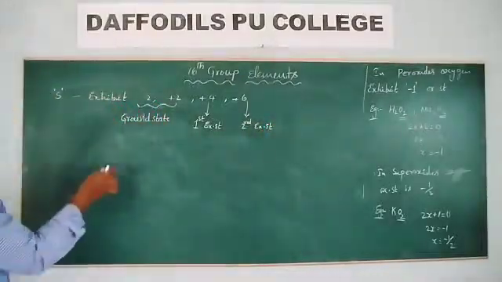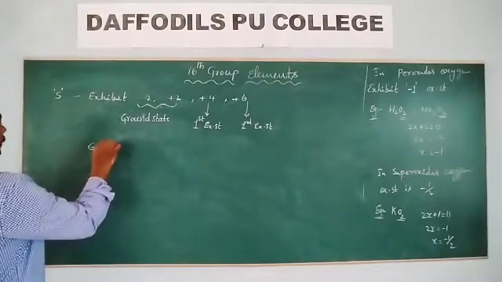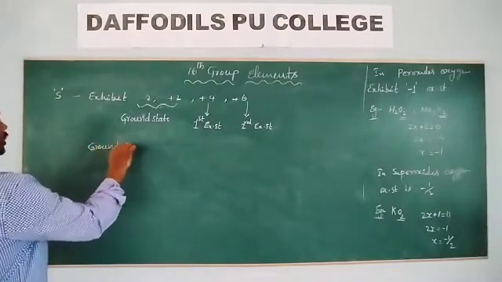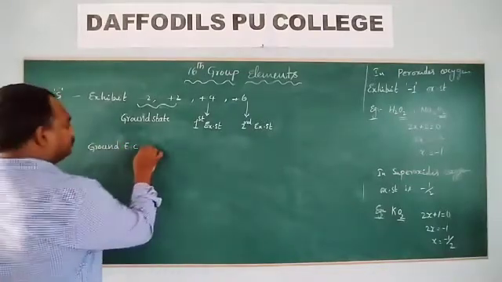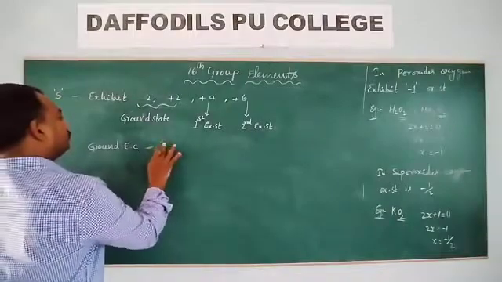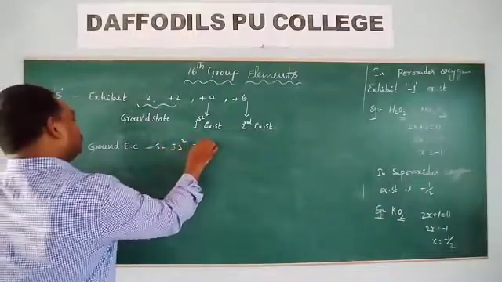Look at those things. Ground state electronic configuration of sulfur: 3s2 3p4.